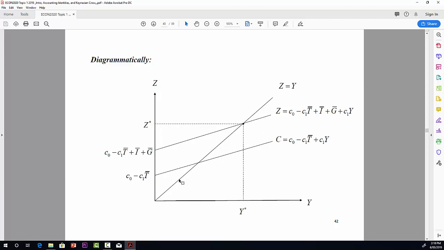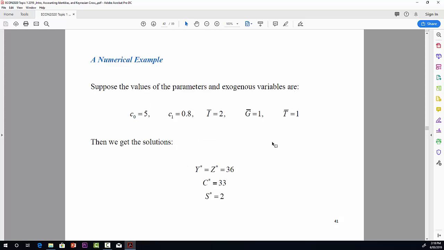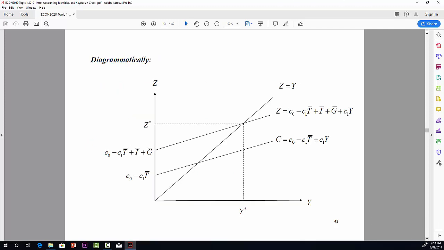Now, there's another line on this diagram. This is Z is equal to Y. Remember, that's our equilibrium condition. There we go. That's our equilibrium condition. So graphically, our equilibrium is where the planned aggregate expenditure function is equal to the equilibrium line.